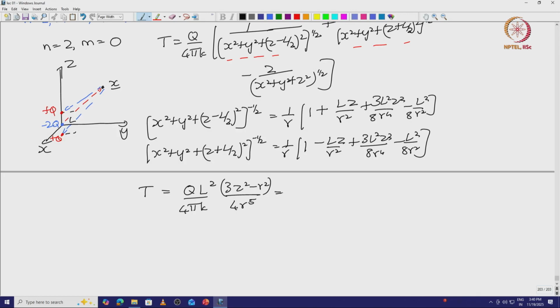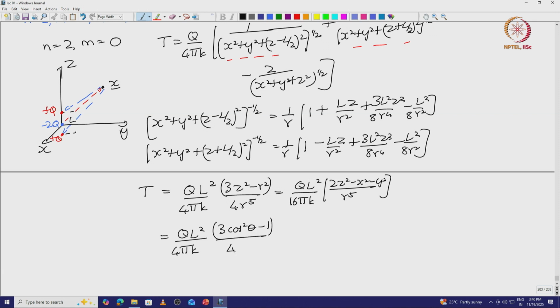Alternatively, if you substitute z is equal to r cos theta, this also becomes equal to Q L square by 4 pi k into 3 cos square theta minus 1 by 4 r cubed.